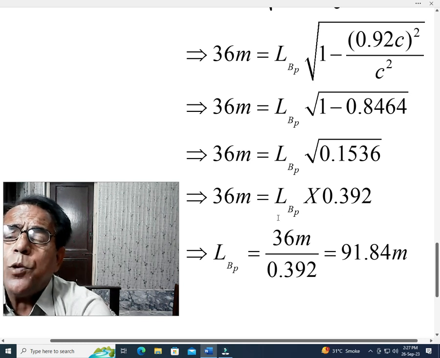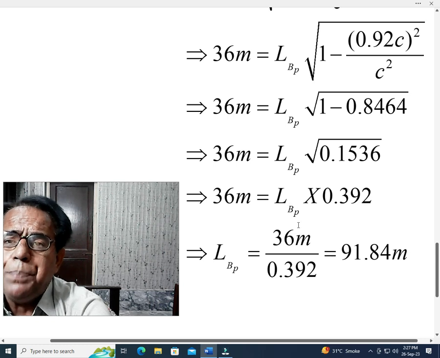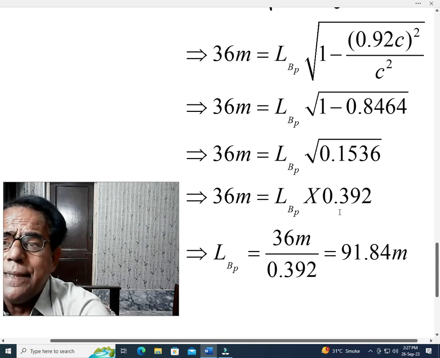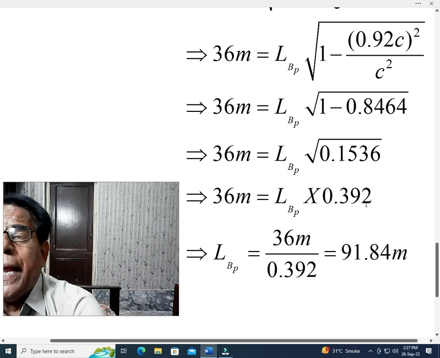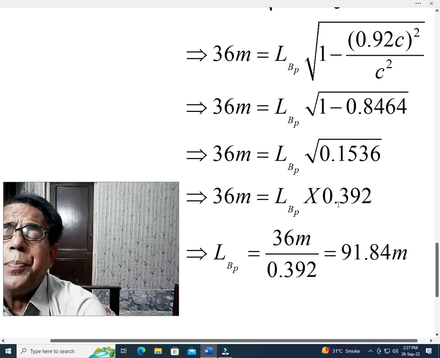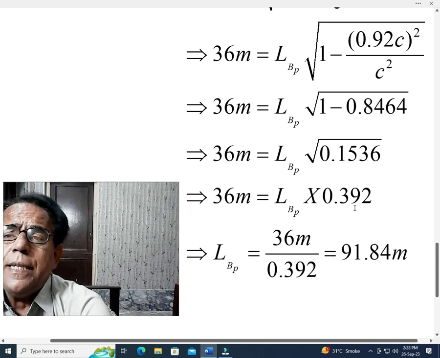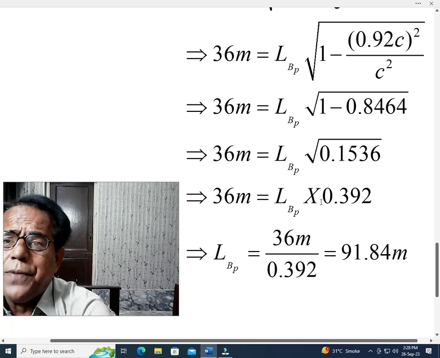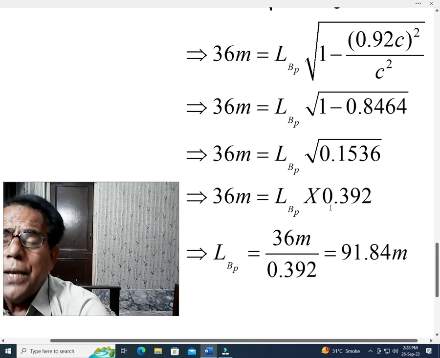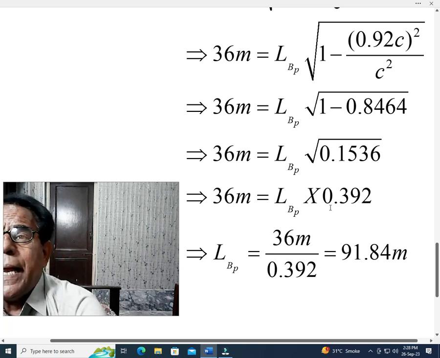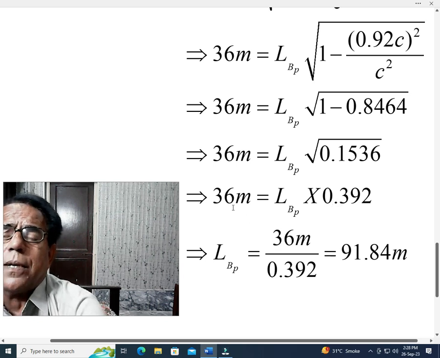Because we have kept the proper length of B, L_BP, on one side, 0.392 has been shifted to the other side of the equality, and 0.392, which is being used as a multiplying factor here, will become a divisor and appear in the denominator on the other side.